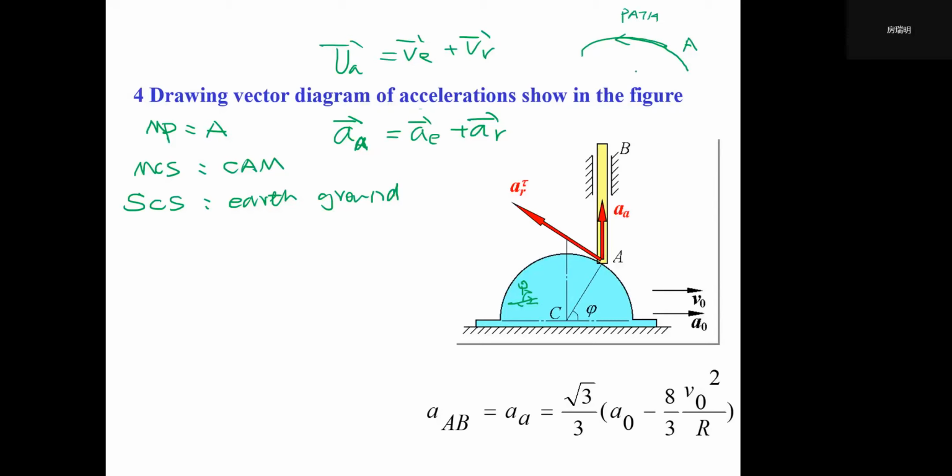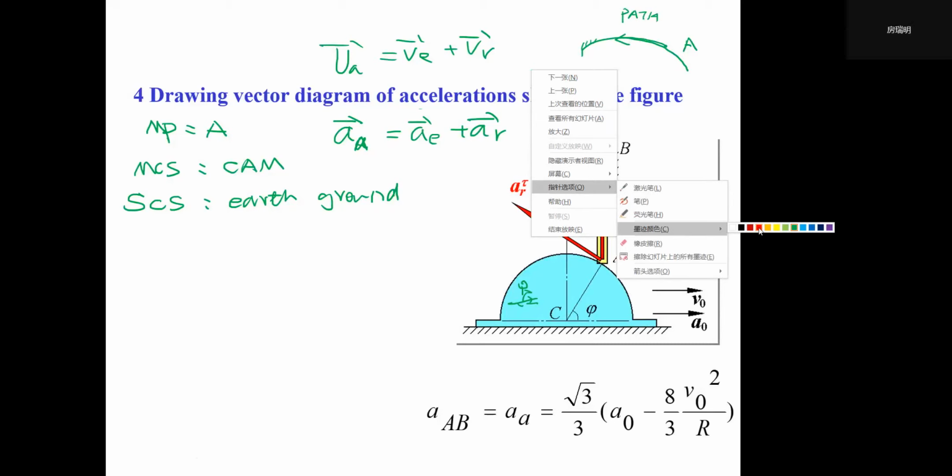So you should think about natural coordinates immediately. If a moving point has a motion along a fixed trajectory, we had better use natural coordinates, 自然坐标系, to denote the two components of its acceleration. Maybe I should change to another color on my pen.